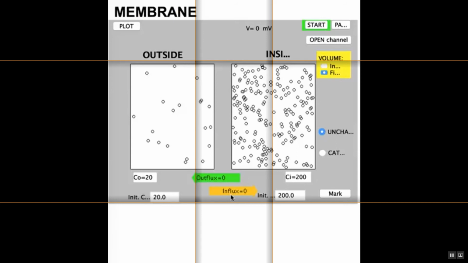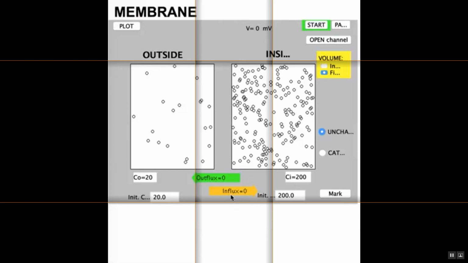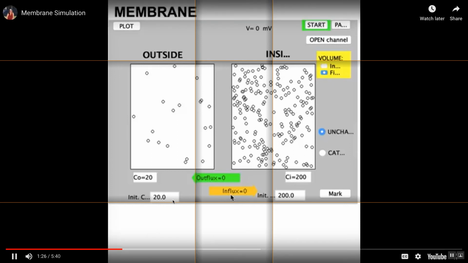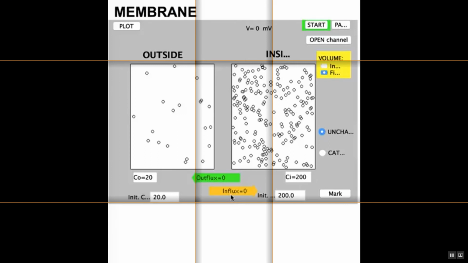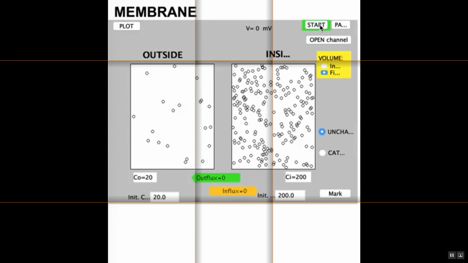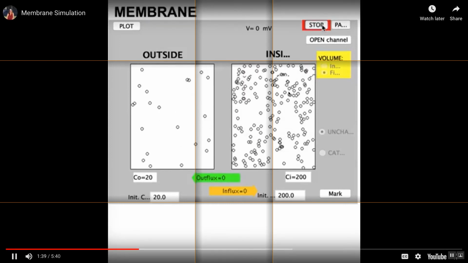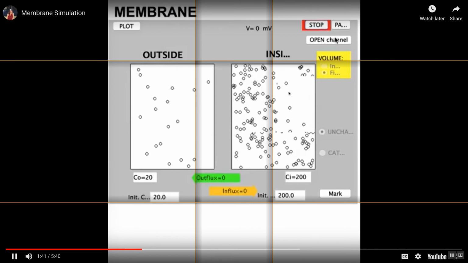Until diffusional equilibrium occurs. So in just a second, I'm going to open a channel. All you do is click that open channel. Click, come on. There we go. Open the channel up.